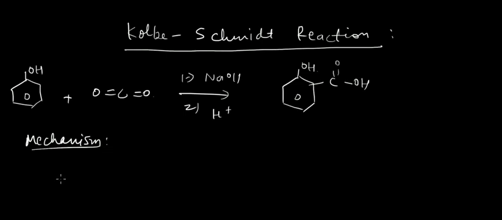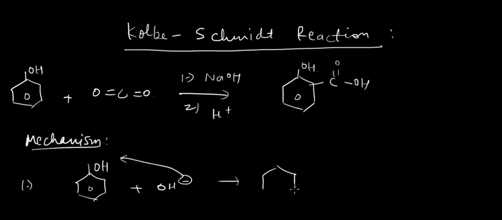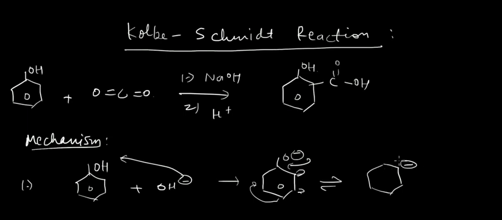So in the first step we have the phenol, which in basic medium we are providing NaOH. Okay, so in basic medium what will happen? Again this OH minus will attack on phenol, will get O minus. Okay, then this O minus will be getting into resonance in the benzene ring and will convert itself into something like this.